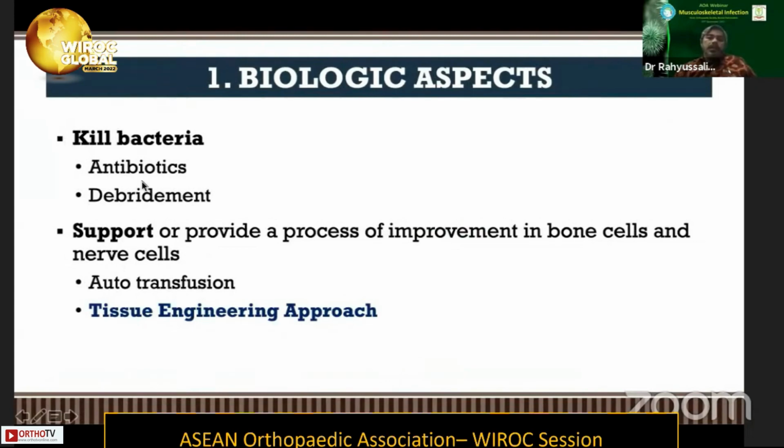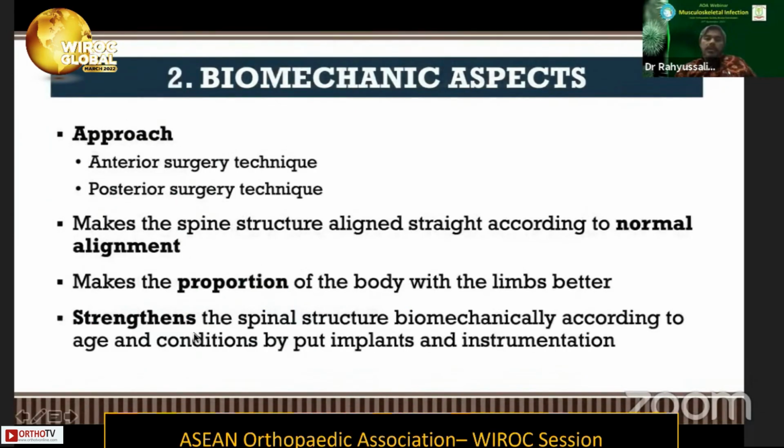We need to kill bacteria with any kind of approach: antibiotic, debridement. Sometimes we need autotransfusion, and we put in tissue engineering. Mechanical aspect: anterior, posterior surgery technique, and of course we correct the deformity and restore the proportion of the body with the limbs better.